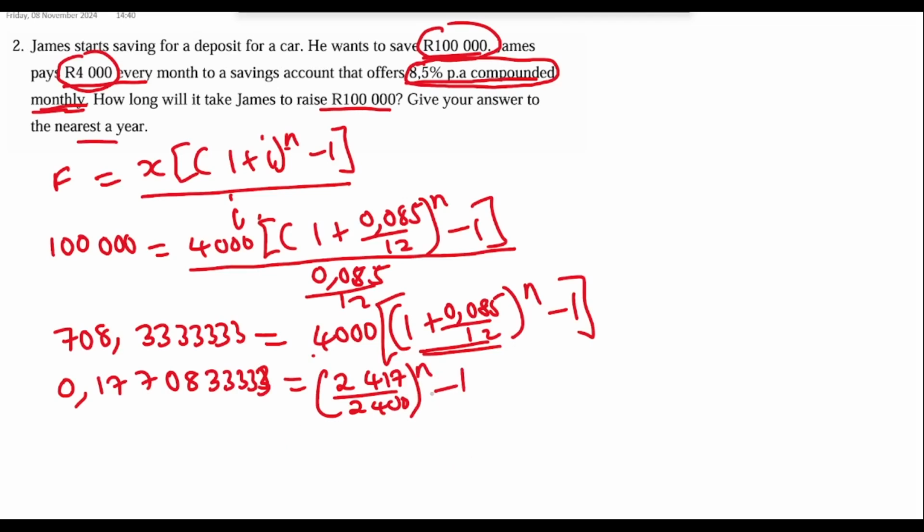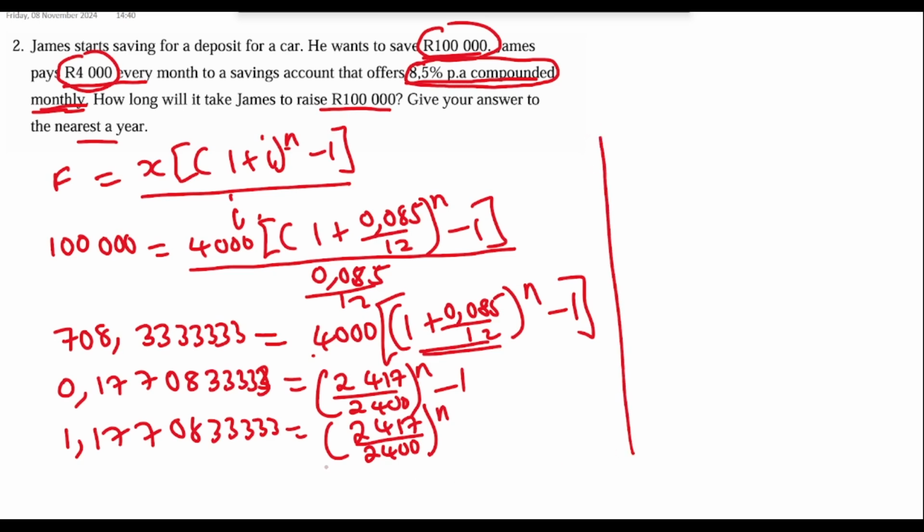And then we can add 1 on both sides of the equation. What do we get? We get 1.177083333 is equal to 2,417 over 2,400 to the power n. Then what do we do after that? We can change from exponential form to logarithmic form.